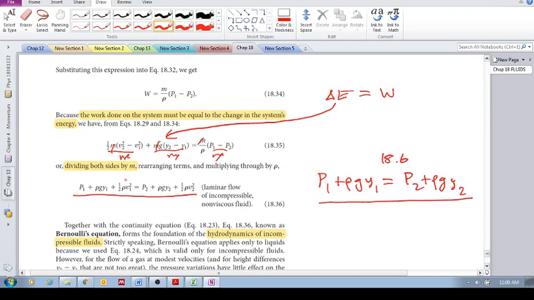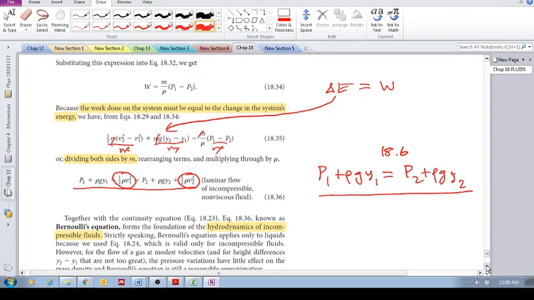But now we've introduced a kinetic term into this equation, and this is Bernoulli's equation. So this forms the foundation for hydrodynamics of incompressible fluids. This was for hydrostatics, but if we're now including these dynamic terms, it's called hydrodynamics of incompressible fluids.